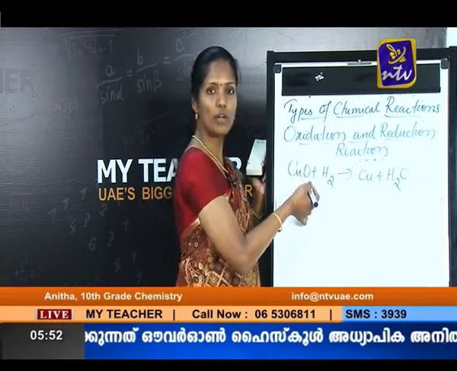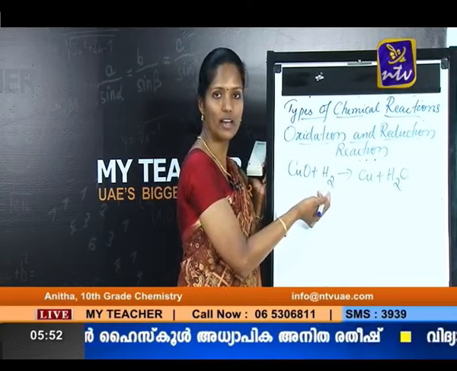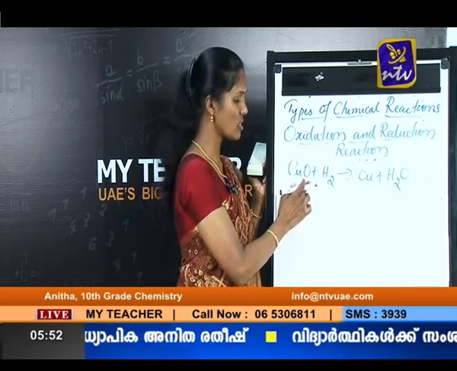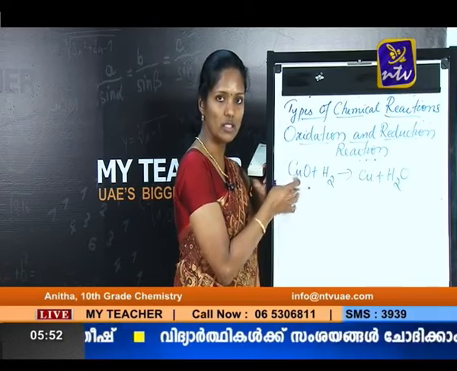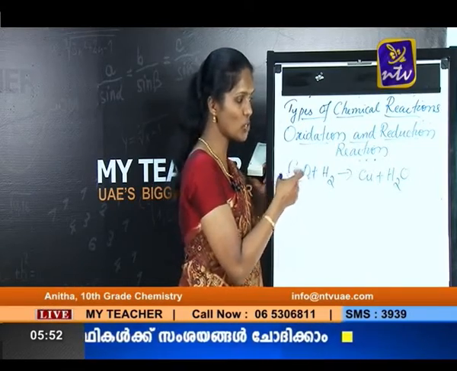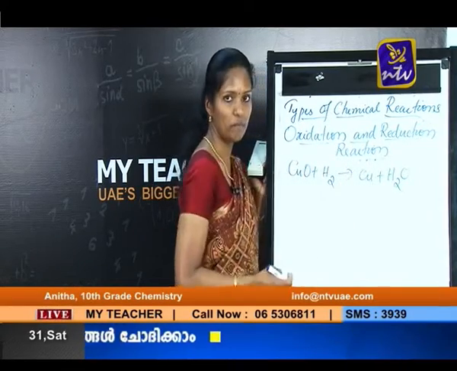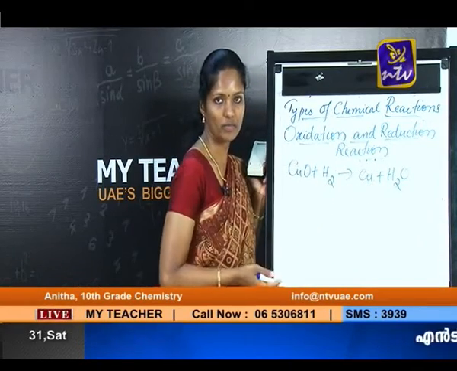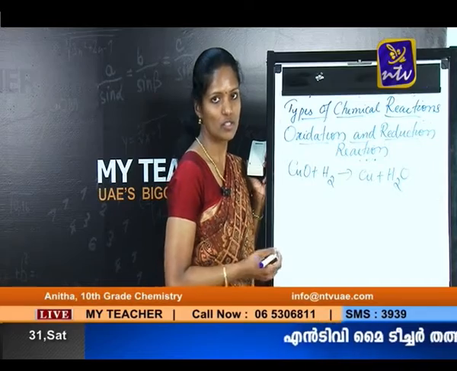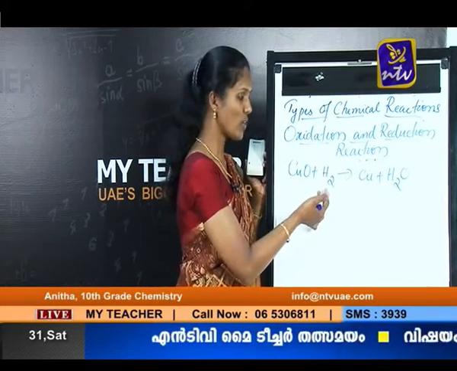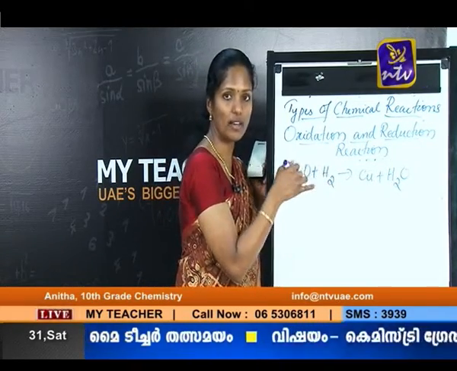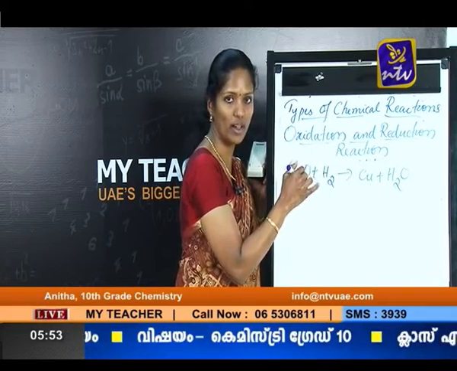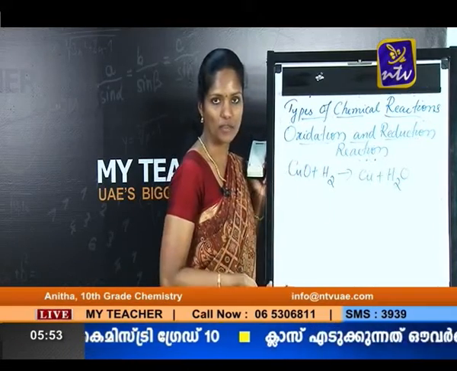Copper oxide and hydrogen are the reactants. On the reactant side, this CuO, when it moves to the product side, you can see that oxygen is removed. There is no oxygen along with Cu. When hydrogen was on the reactant side, there was no oxygen.